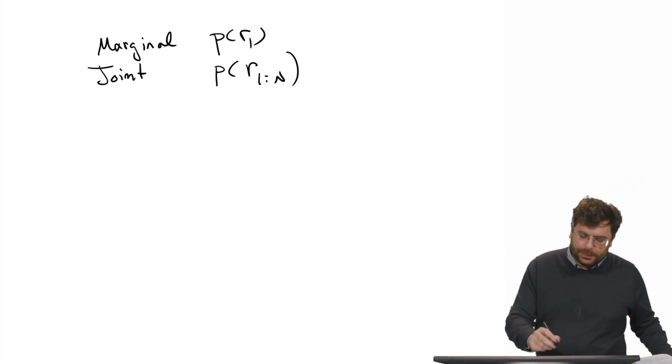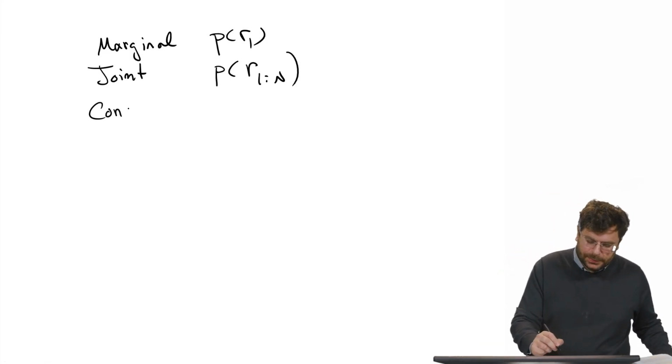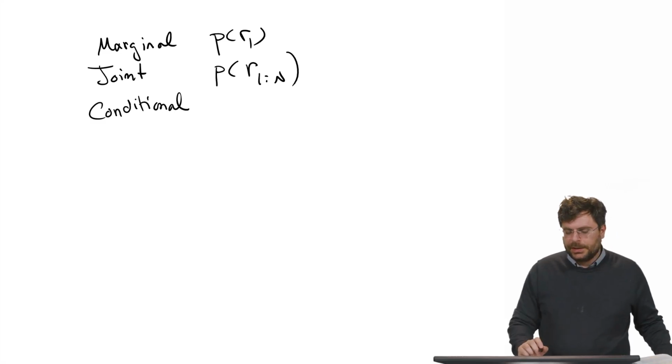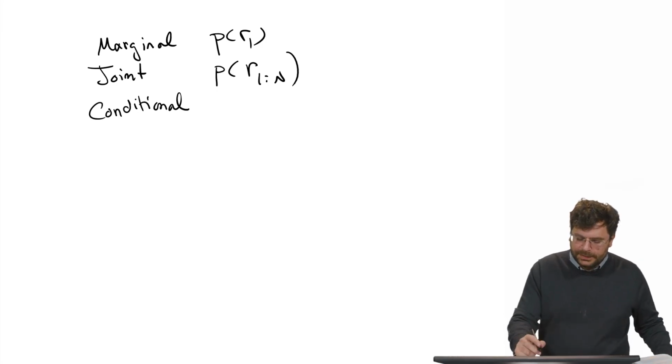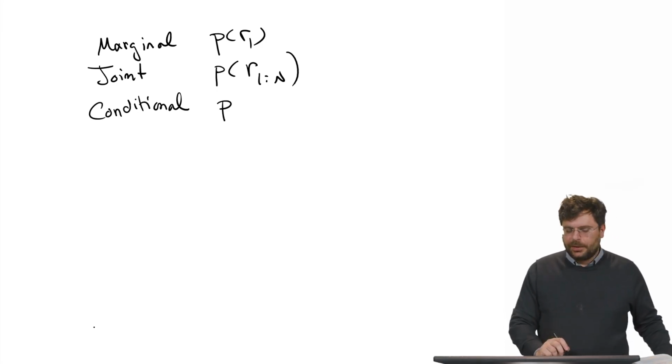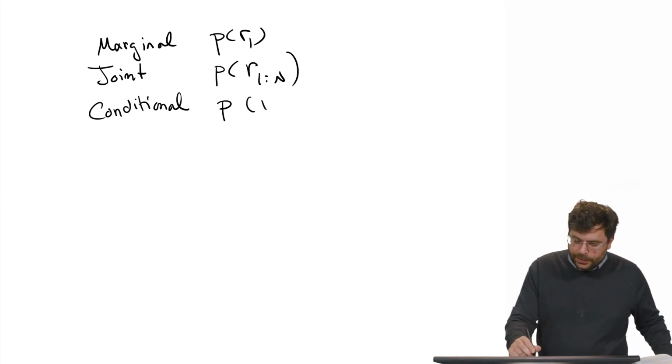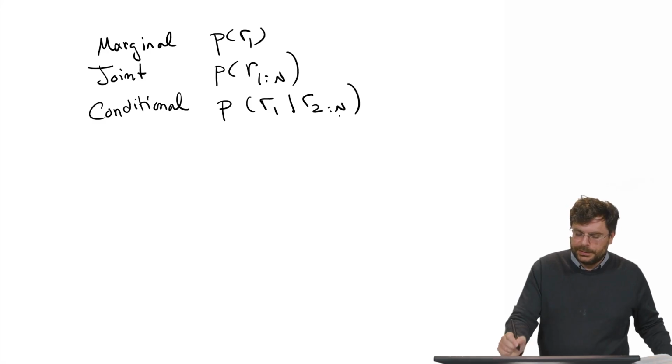There's another type of distribution, and those are conditionals. And sorry, I should have called these probability densities. We've computed marginal probability densities, joint probability densities, and finally we have something called conditionals. Conditionals, as an example, are things like R1 given R2 to n.